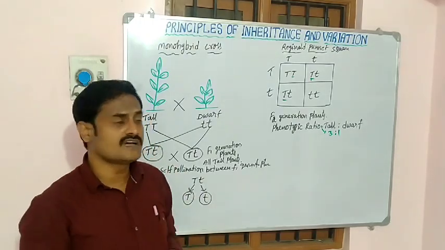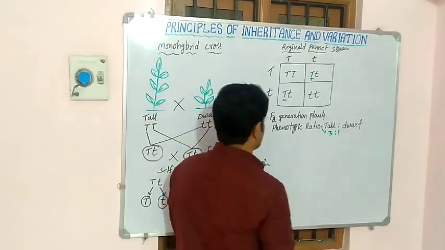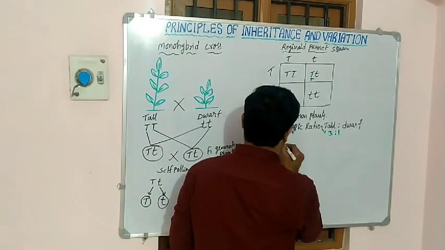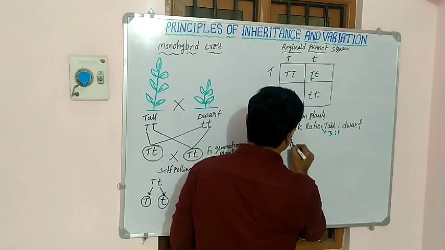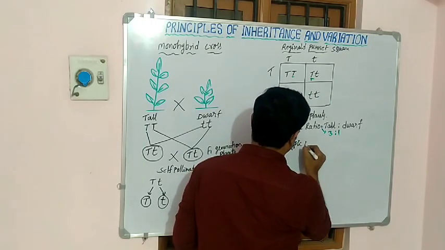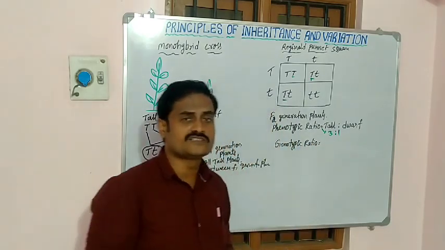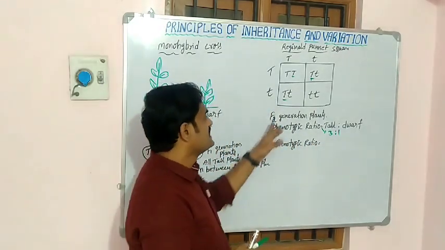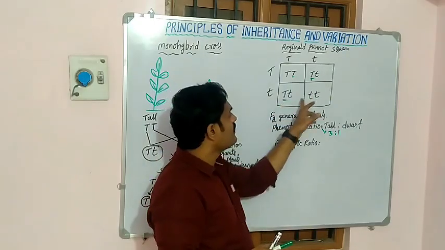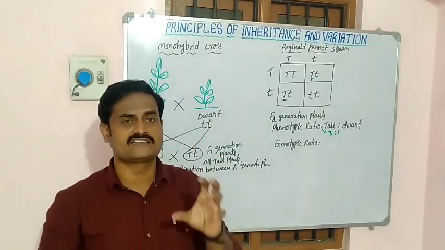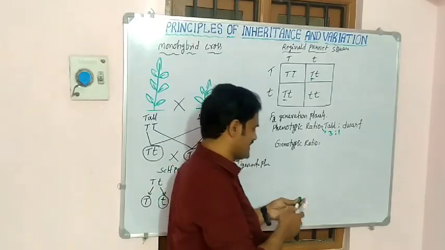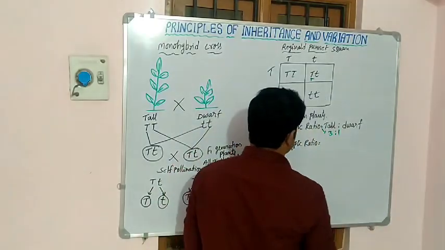Now coming to the genotypic ratio. Genotypic ratio means the genetic makeup of the F2 generation plants.